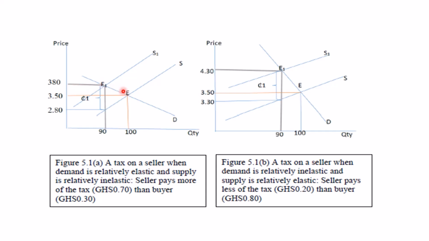Now, if the good is elastic, the buyer is willing and the seller is also willing to transact at the point where the price is 3.5. So this is the price that the government is going to get. And if prices increase to 3.8, the demand moves to 90. If that's the case, then there is a portion of the tax imposed that the government may not get, because the people might change their behavior. So there is that portion that the government might not get.